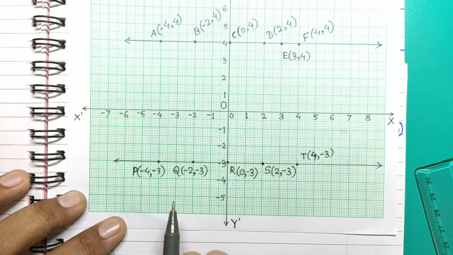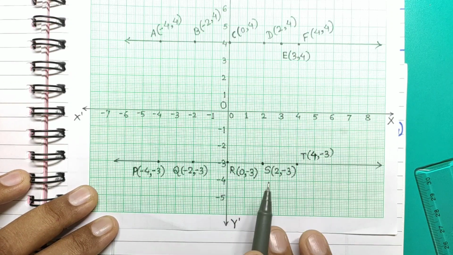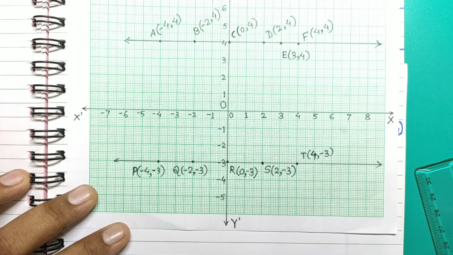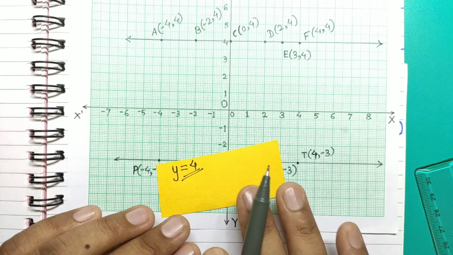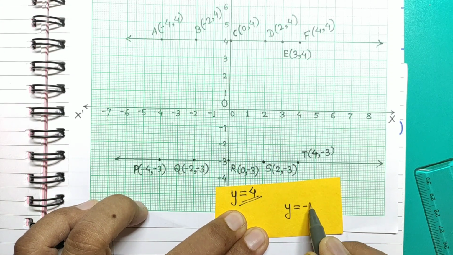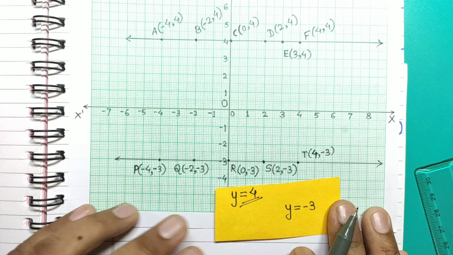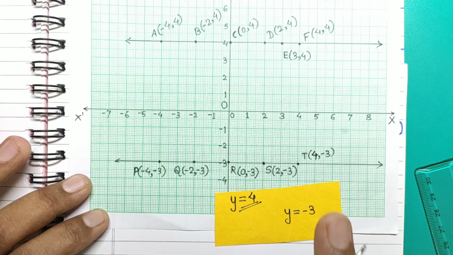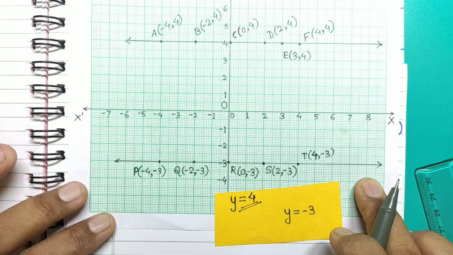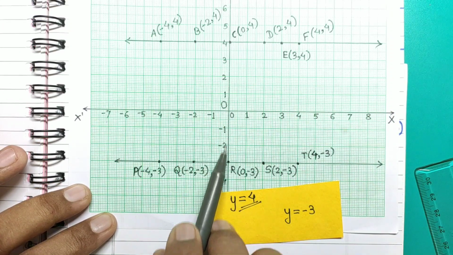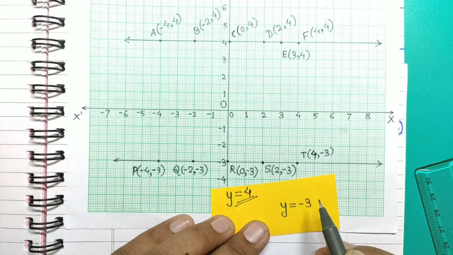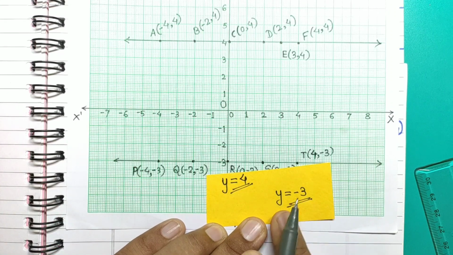And since all the points have the same y coordinate -3, this line is described by the equation y is equal to -3. And here we say that the equation of a line parallel to the x-axis at a distance of 3 units below the x-axis is y is equal to -3.